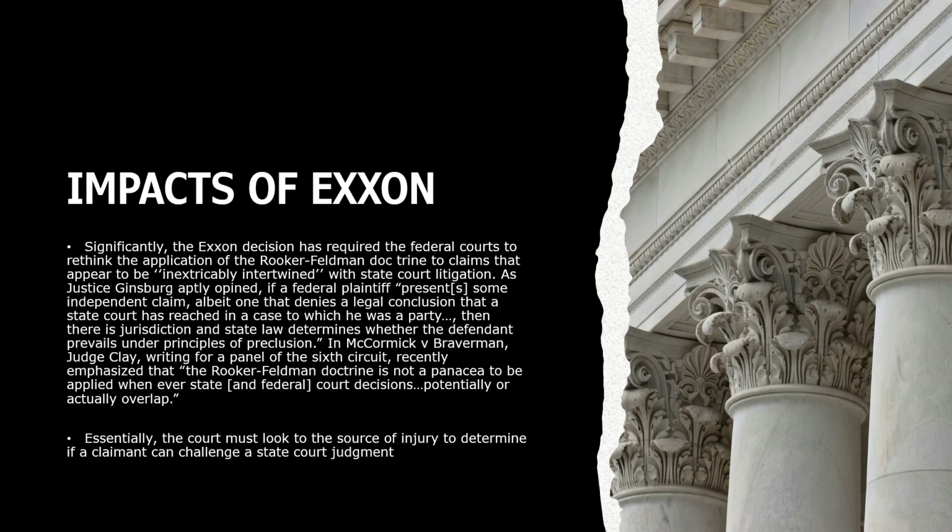Now, in McCormick versus Braverman, another case, Judge Clay, writing for a panel of the Sixth Circuit, recently emphasized that the Rooker-Feldman doctrine is not a panacea to be applied whenever state and federal court decisions potentially or actually overlap. Essentially, the court must look to the source of injury to determine if a claimant can challenge a state court judgment.